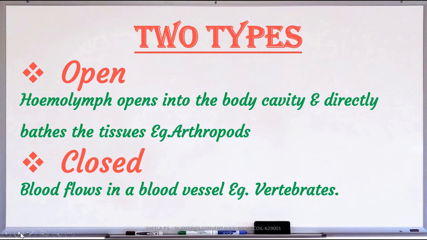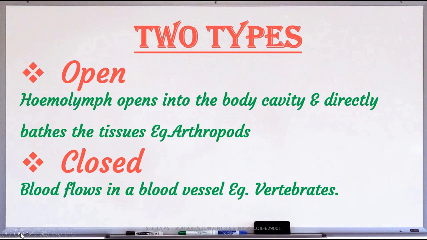For example, mollusks, phylum Mollusca. An example is the snail. The second one, arthropods, for example spider and cockroach. So in an open circulatory system, the blood is pumped into the body cavity.